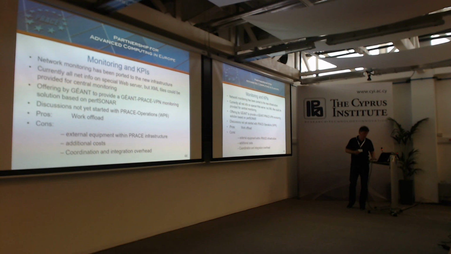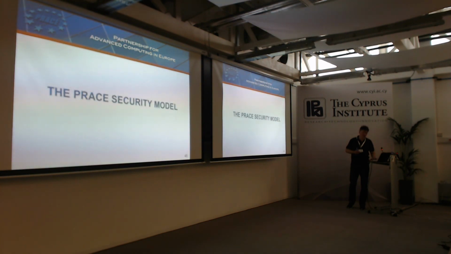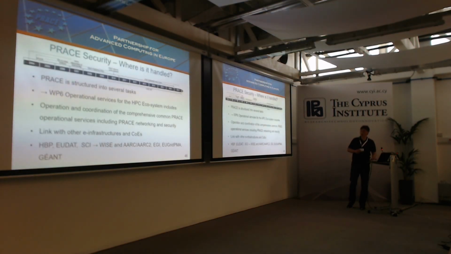So now I end with networking. I want to give a little overview about the PRACE security model. PRACE is structured into several tasks. We started in 2004 with the first thoughts about PRACE, and we had the PRACE preparatory phase, and since 2010 we have the PRACE implementation projects, starting with 1IP; we have now just started 5IP.